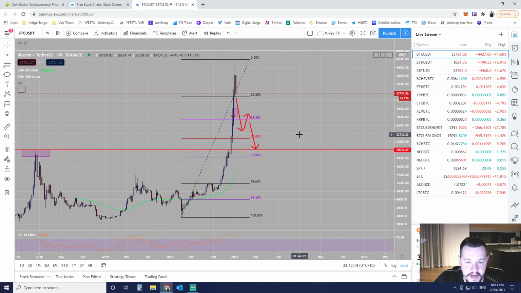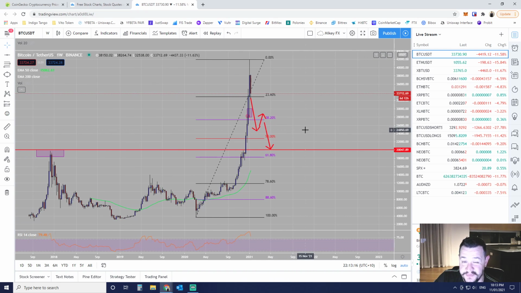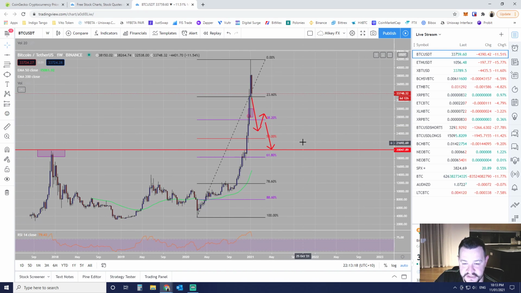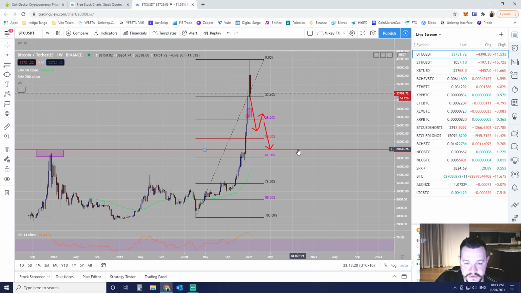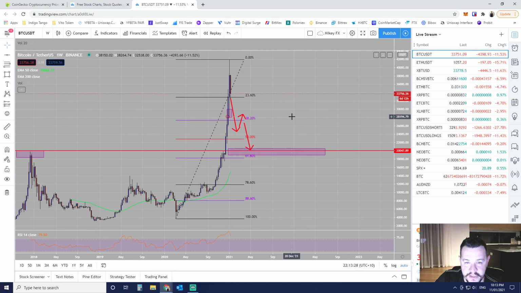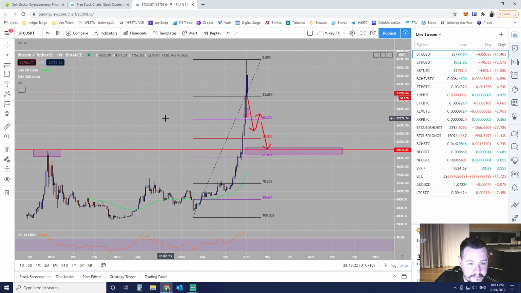We'll definitely get a pullback at some point during the next bearish market cycle. It'll be interesting to see where we actually pull back to, whether we only pull back to around the 20K level, or whether we end up doing an 80-90% drop like we have multiple other times.